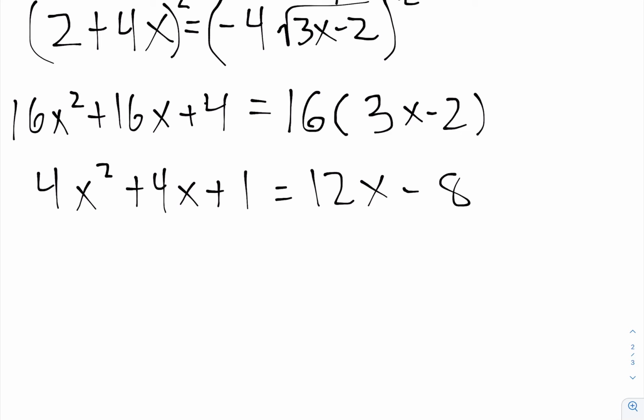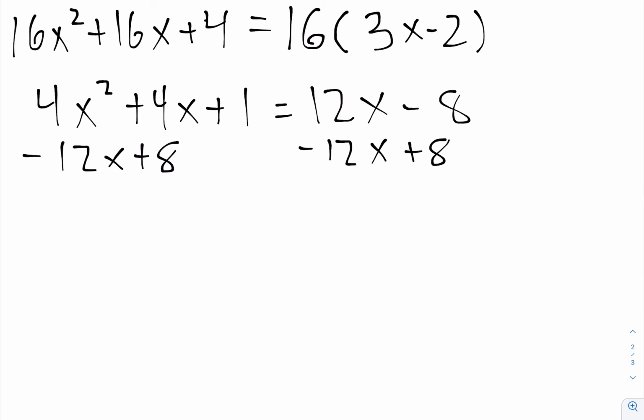So now that we have our equation simplified a little bit, we can actually try and get it equal to 0 on one side and then solve. We can't really divide by anything on both sides right now because this is a 1. If this was a 4, we could simplify it even more, but we can't, right? So we're going to have to subtract 12x and add 8 on both sides.